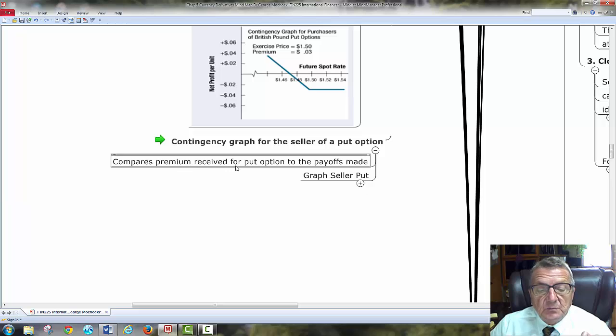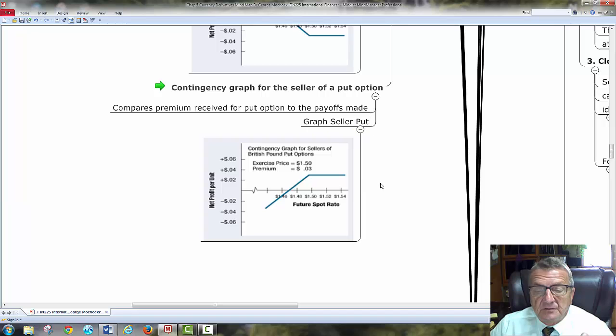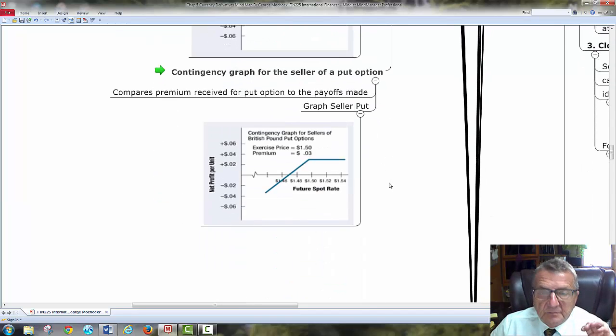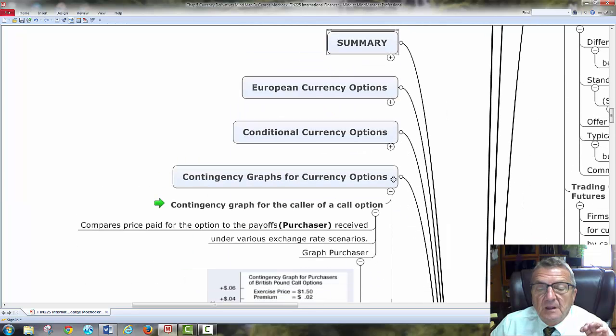It compares the premium received for a put option to the payoffs made. The graph again. So I open the graph so you can look at it. What does it mean? And if that doesn't make sense, then go into the book and read it. There's information, there are examples in there.